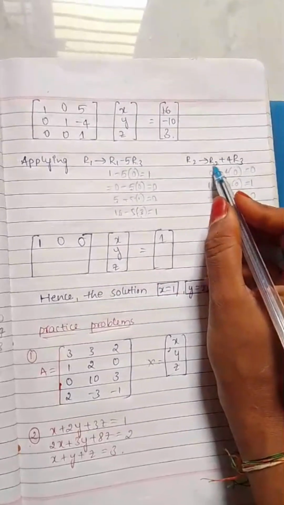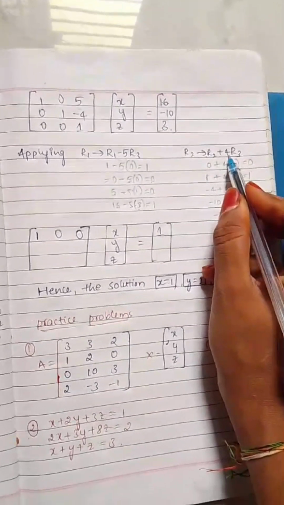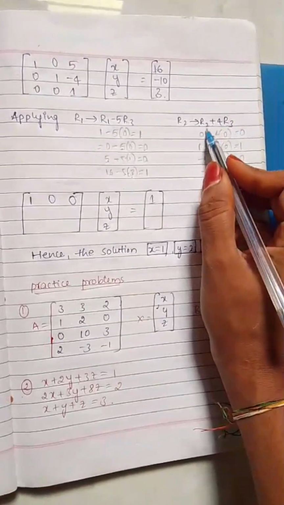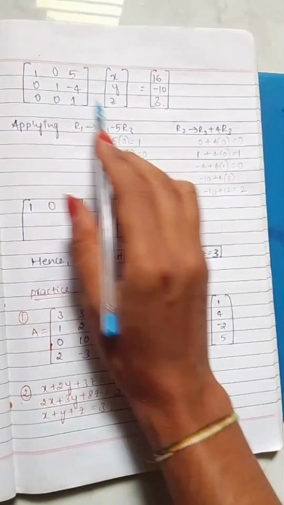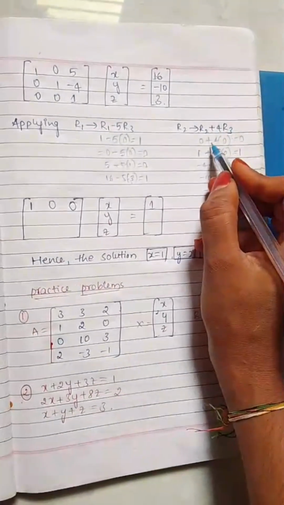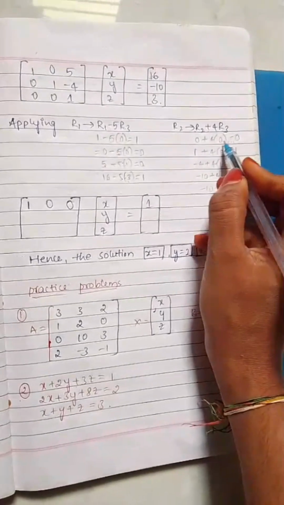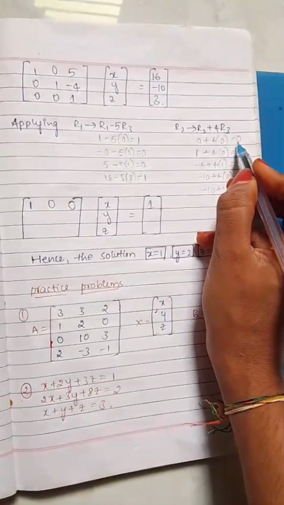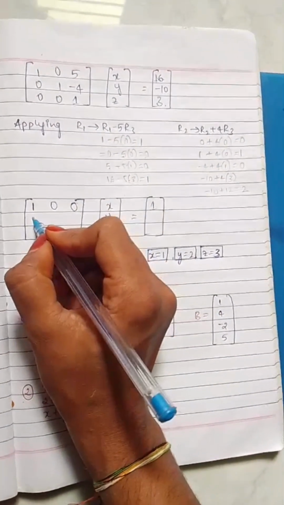Again I have to change the R2. R2 plus 4 into R3. R2 I have 0. 4 into R3 I have again 0. 4 into 0, 0. 0 plus 0, 0. This will be 0, R2.